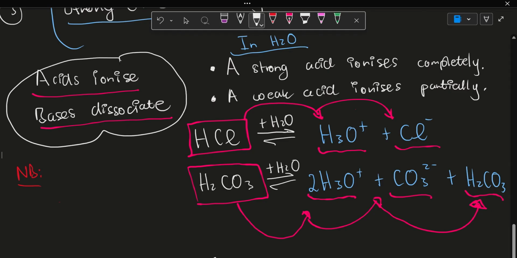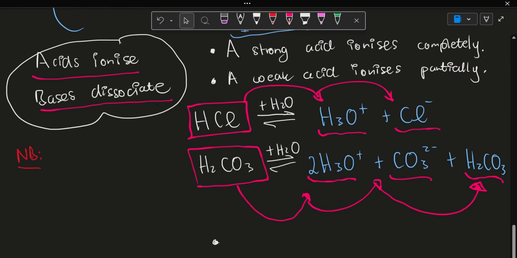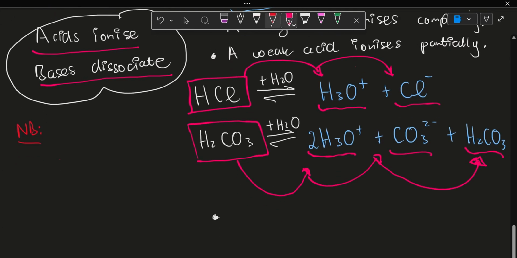Okay, so a strong acid, for starters, a strong acid forms a weak conjugate base, right?